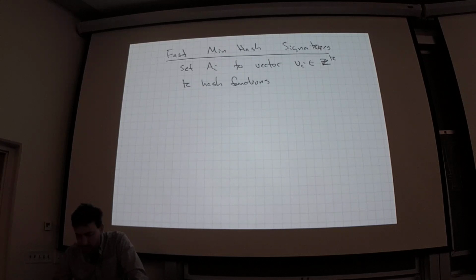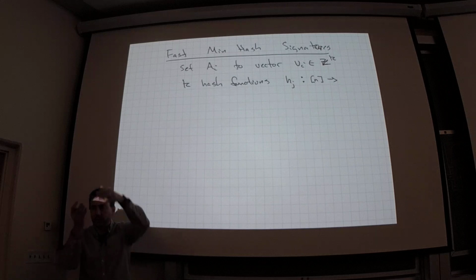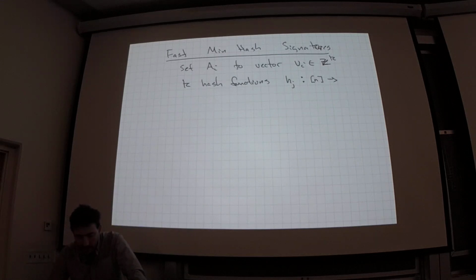each hash function h_j is going to go from some domain. It can be a representation of the text, but let's say it's a domain of size n to another domain.